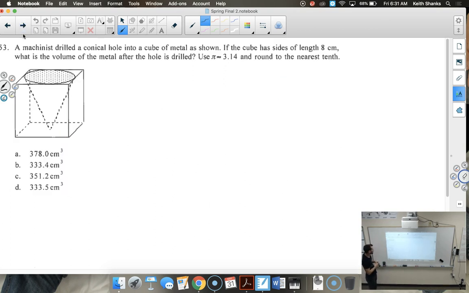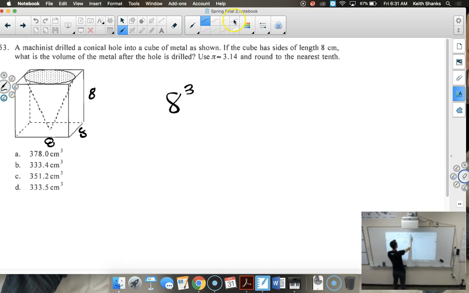This one, a machinist drilled a cone hole into a cube of metal as shown. If the cube has side lengths of 8, so all of these are 8, what is the volume of the metal after the hole is drilled? Okay, so what we're going to do is find volume. Volume of a cube is 8 cubed.